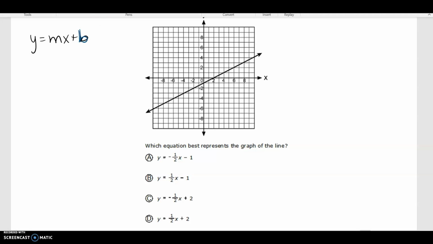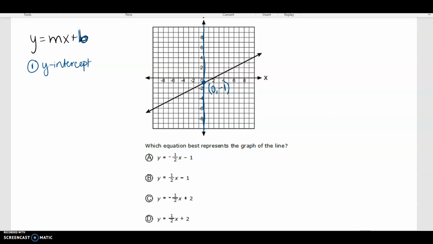The b is my y-intercept. That is step 1. So that is going to be the first thing I do on this problem. I'm going to use it to go down the y-axis, and I'm going to stop and put a point where it goes through the line, which is right here. So that's at 0, negative 1.